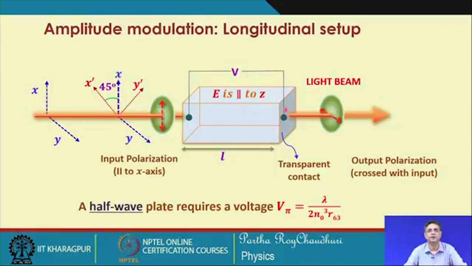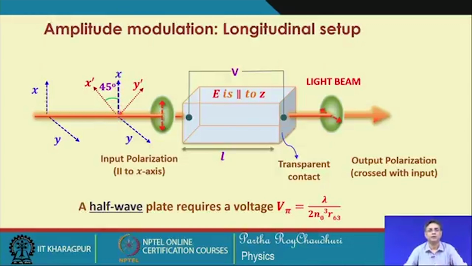But the moment we apply a voltage, there will be new principal axes, which are x dash and y dash. Now, I launch light input which is polarized along the old principal axis, old x axis, or it could be along the old y axis as well.